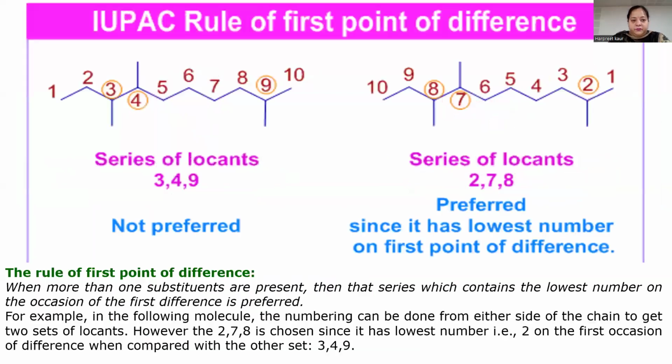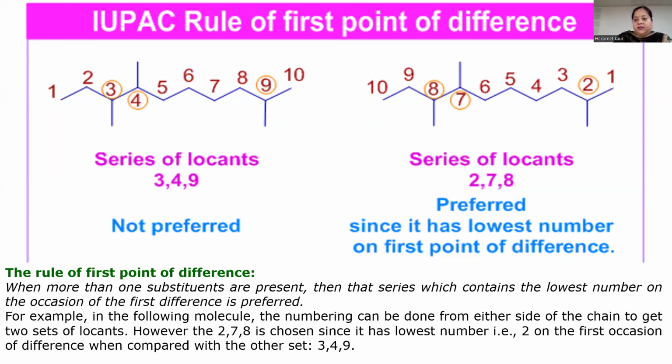Now coming to the next rule. When more than one substituent is present, then the series which contains the lowest number at the first point of difference is preferred. Like if we number this chain as in the first case from left to right, from 1 to 10, then the three substituents are present at position numbers 3, 4 and 9.